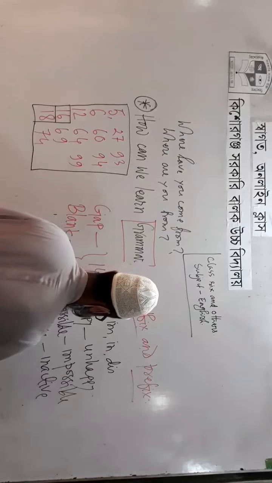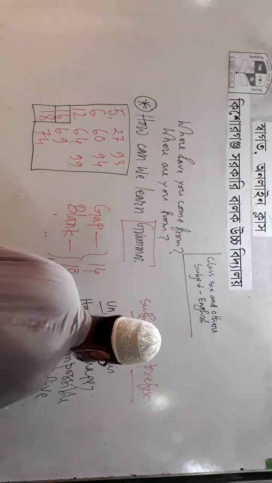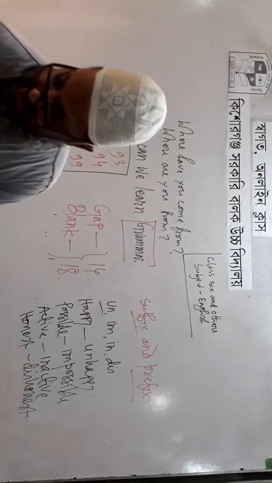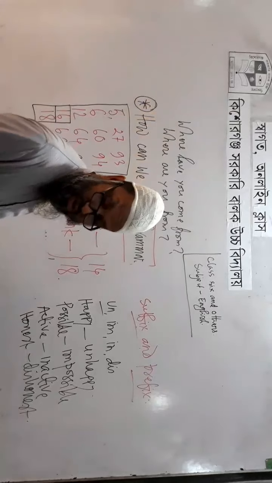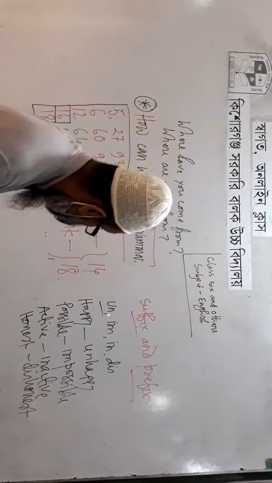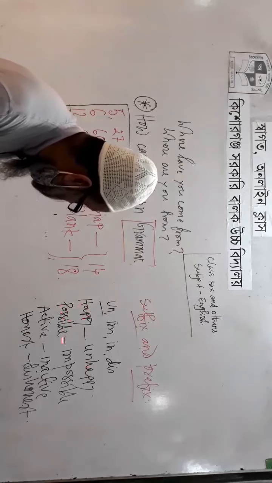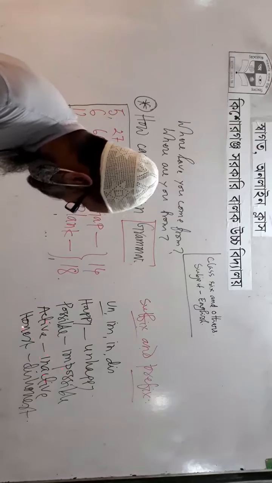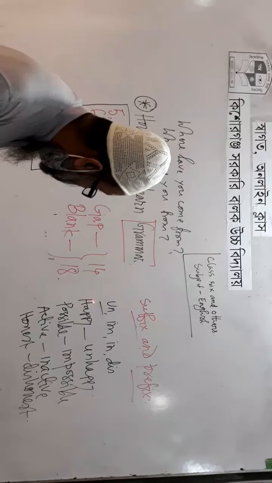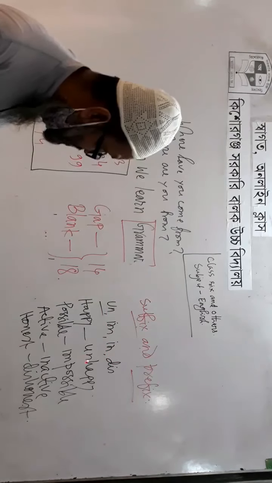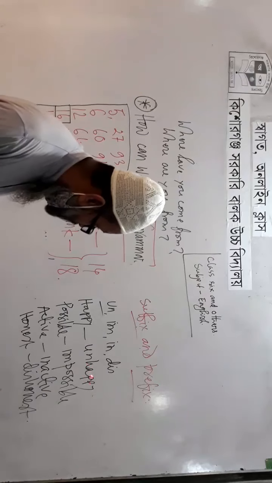Honest, dishonest. Those are the parts of words which are added before a word. Happy, unhappy, possible, impossible, active, inactive, honest, dishonest. In this way, those are the parts of a word which are added at the beginning of the word and make a new word.